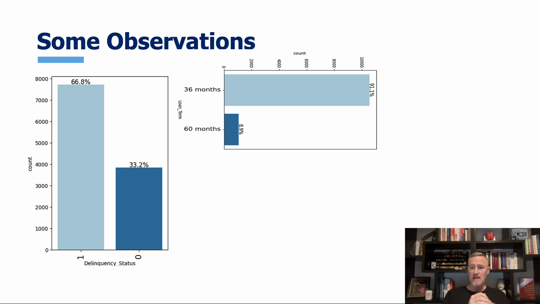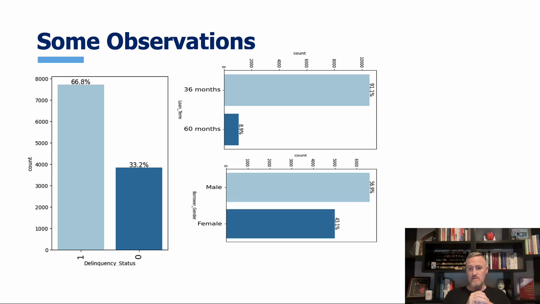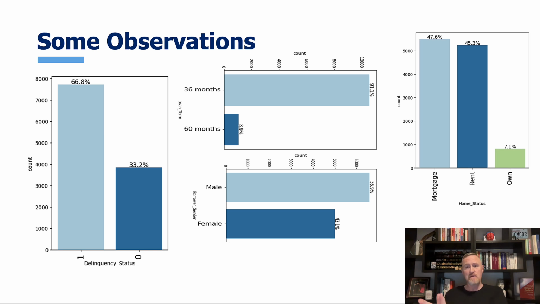We can see that for home status, most of the borrowers have their home mortgaged. The next biggest group is renters, and the people that own their home are much less likely to get one of these types of loans. So these are just some observations that we're making as we're exploring the data, right? We're doing exploratory data analysis and just trying to understand what some of the differences are in the data.